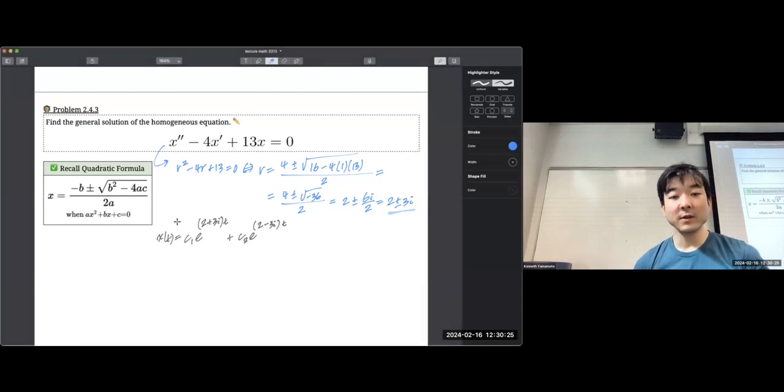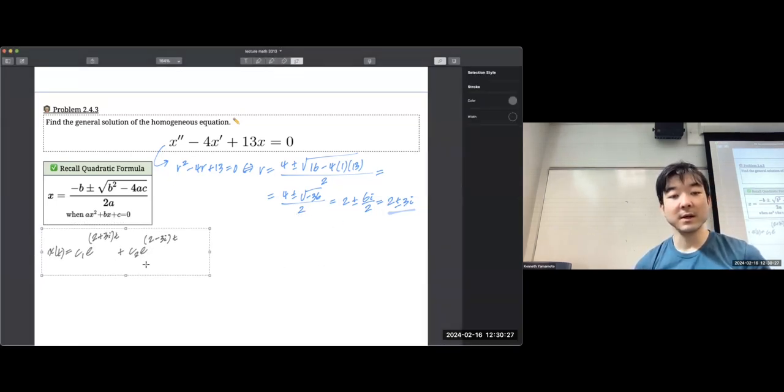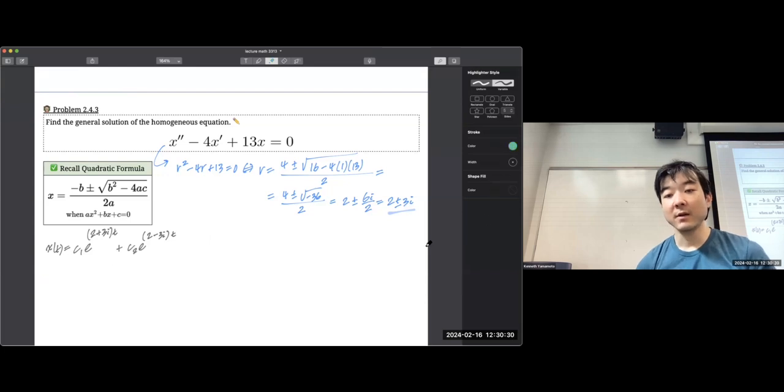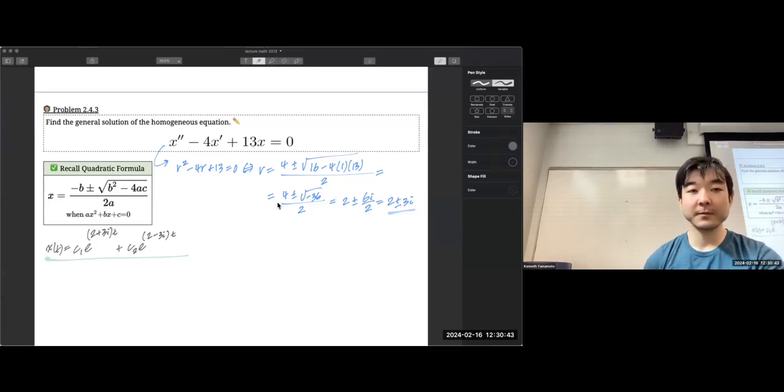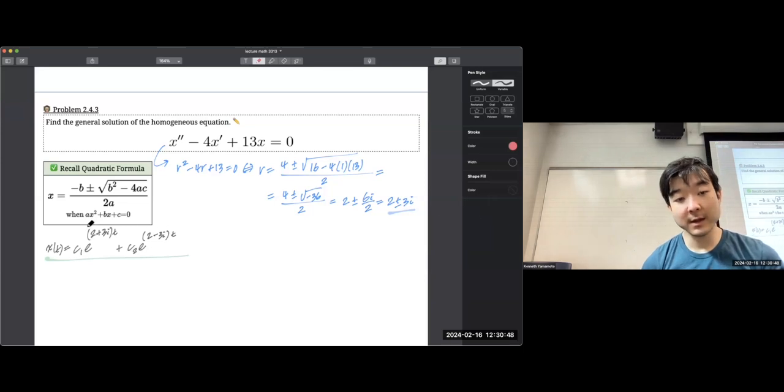Of course, we were interested in the real solution. This is technically correct, but if we're interested in the general real solution, then we want to use Euler's formula. Before I use Euler's formula, this quantity right here is e raised to, if you distribute the t to each of these, 2t plus 3it.